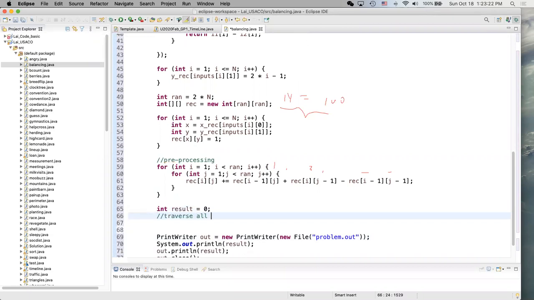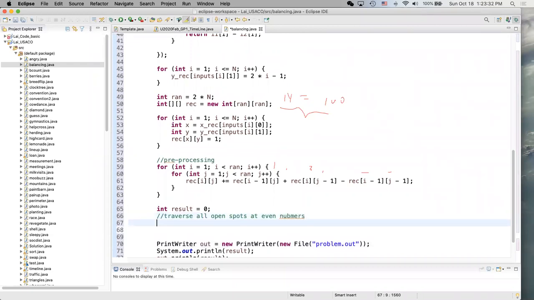Traverse all open spots at even number. So you're going to have a for. For I, going to start from where, folks? For the I, in your new farm, you put your cow start from 1. So it has to start from 2, right? And I going to be less than range. And what is the next one you want to traverse for your X? Going to be for. That's why I plus equals 2.